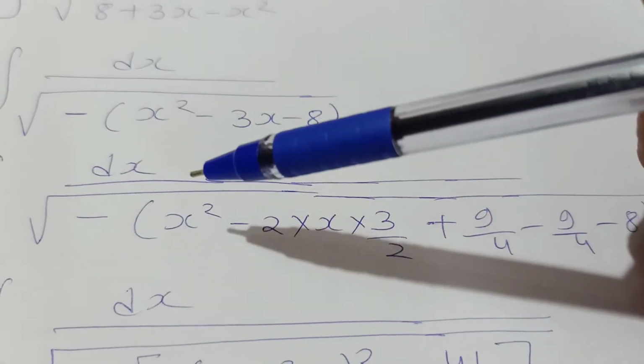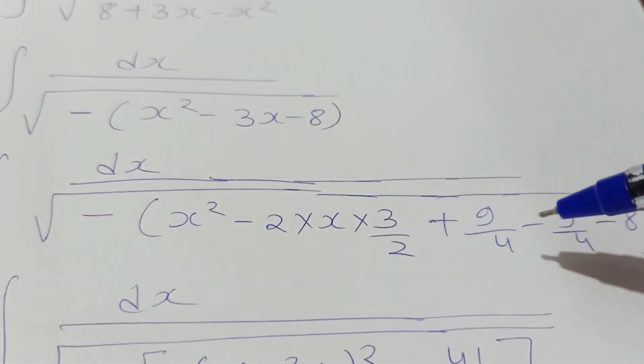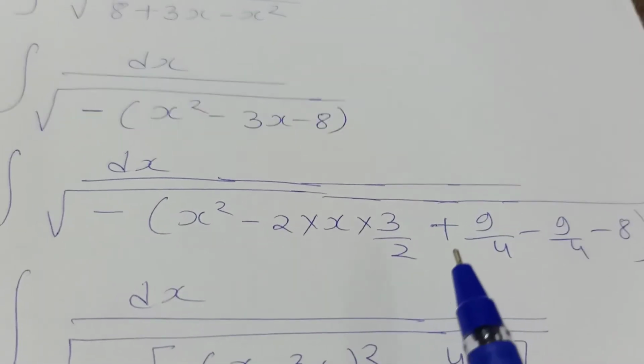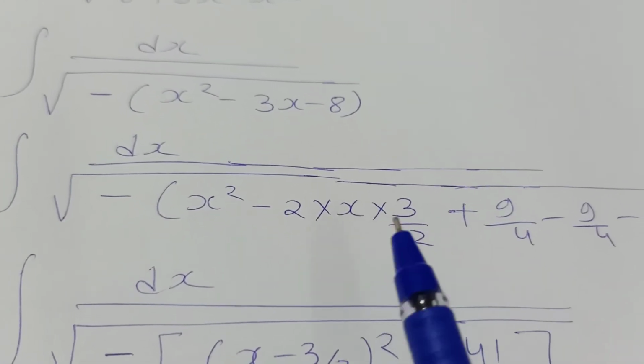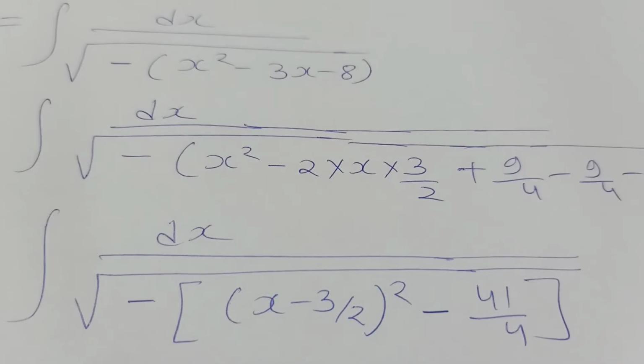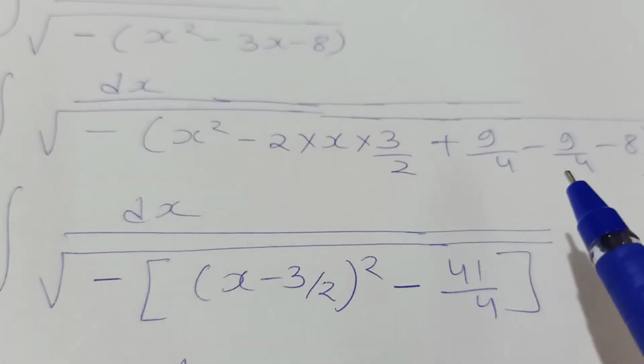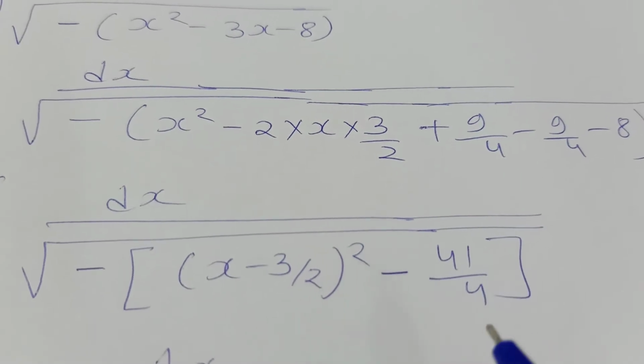So if you observe, the first three terms will become a square minus 2ab plus b square. So it is a perfect square, and we will write it as x minus 3 by 2 whole square, and the remaining terms will give us minus 41 by 4.